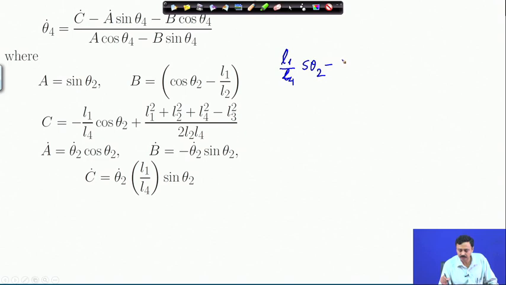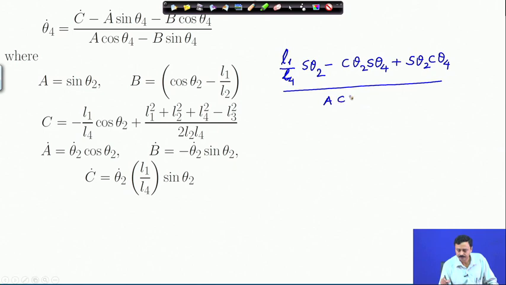I will take out theta 2 dot, and A dot is cosine theta 2 sin theta 4, and this is plus sin theta 2 cosine theta 4. Now, this whole thing is getting multiplied by theta 2 dot.